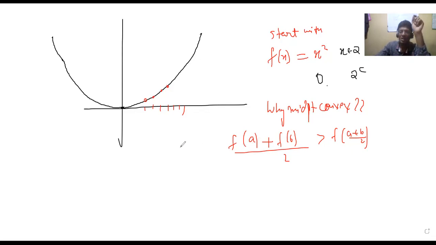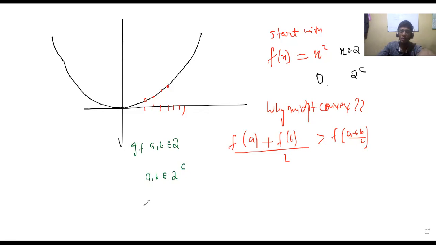Let's do this step by step. Okay. So if A and B are both in Q, then this works because it's a convex function. And if A and B are in Q complement, then it says 0, then it works.